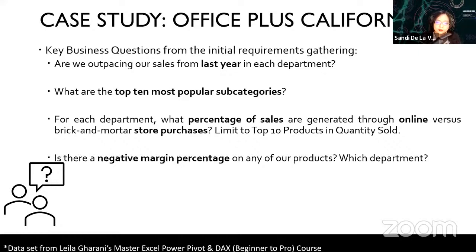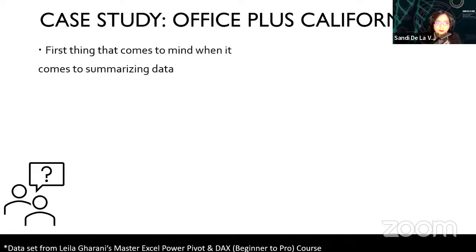And what is the percentage of sales generated through online or through brick and mortar store purchases? Limited to top 10 products in terms of quantity sold. And are there products with negative margin percentage, meaning our cost is higher than the price we sold for? And which department, so that we can easily monitor these kinds of products.